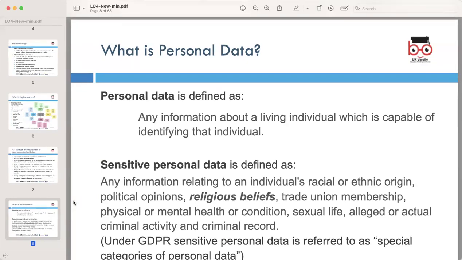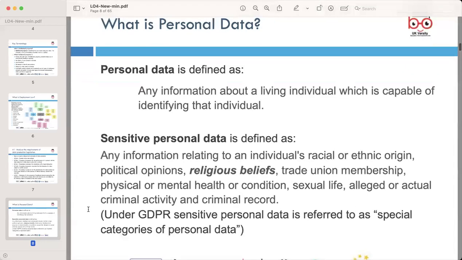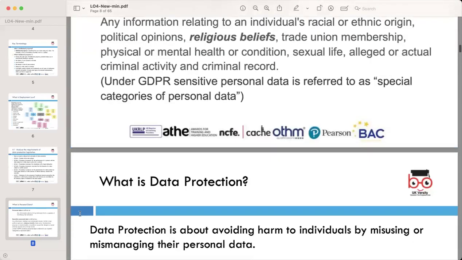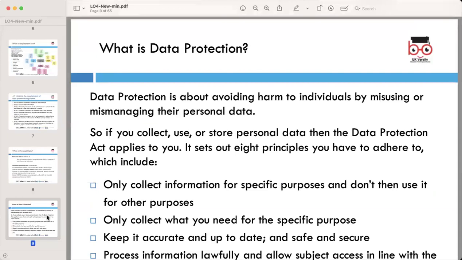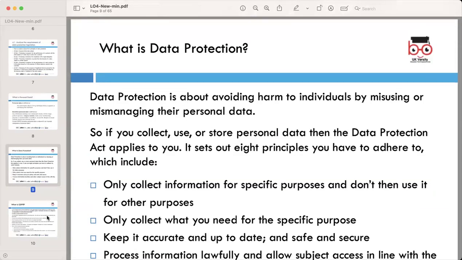Sensitive personal data, also known as special categories of personal data under GDPR, includes information related to racial or ethnic origin, political opinions, religious beliefs, trade union membership, physical or mental health, sexual life, alleged or actual criminal activity, and criminal record. Then, sorry, data. What is data protection?